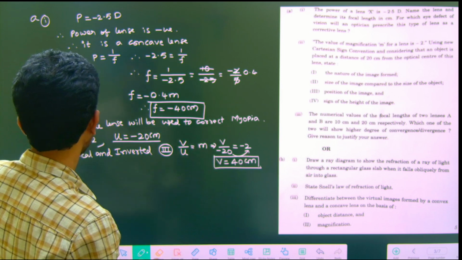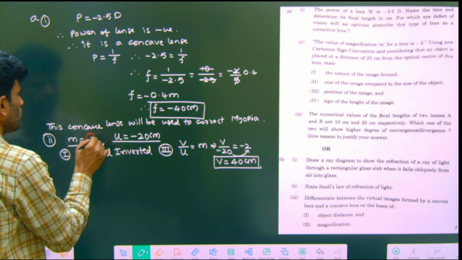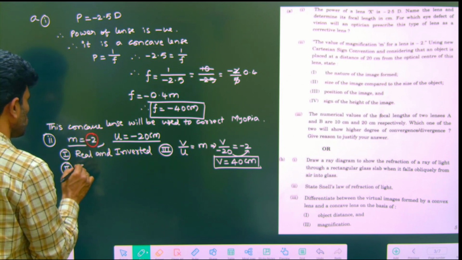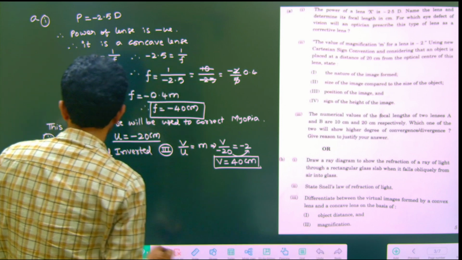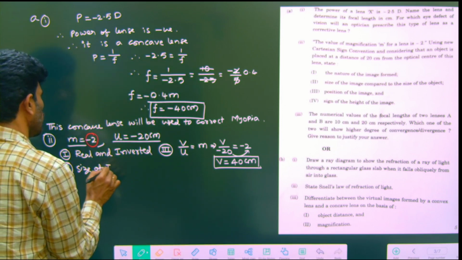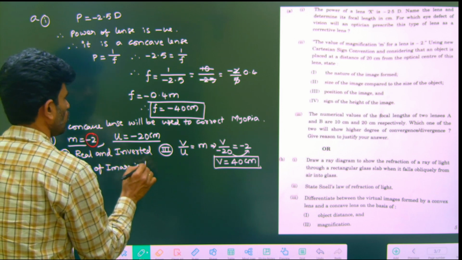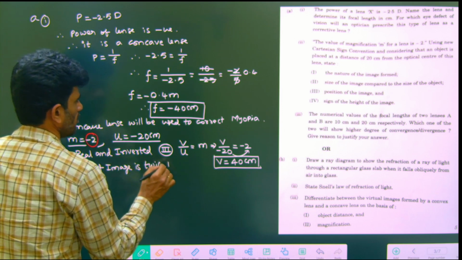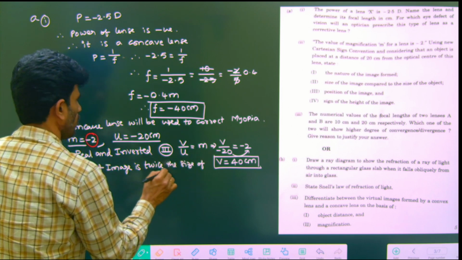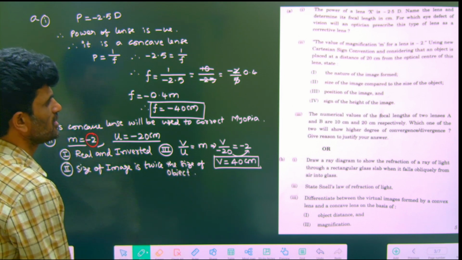Size of the image. How can we identify the size of the image? Because magnification is double, the size of the image will be 2 times, the size of the image is twice the size of the object, because magnification is 2.